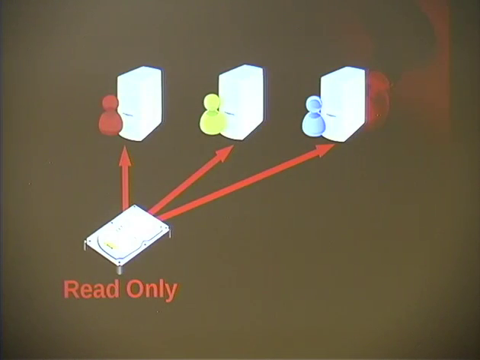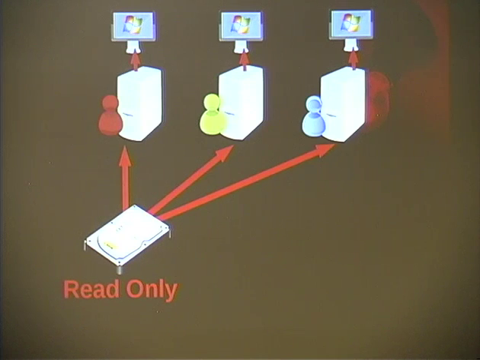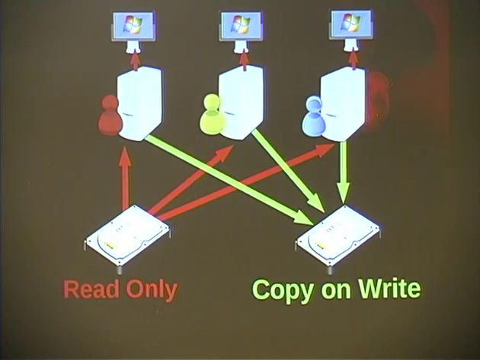Then that's exported as usual to my analyst workstations. They run their virtual machines from that, and then instead of writing back to that one read-only disk image, they write back to a copy-on-write disk image. And the nice thing about this is you can actually do multiple copy-on-write disk images. So if someone's running the same virtual machine time and time over, they have their own separate disk image.